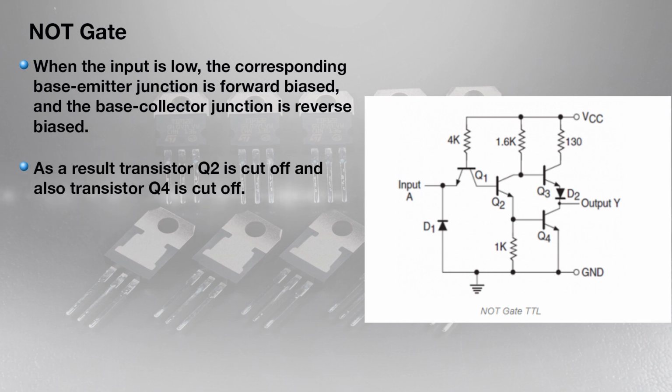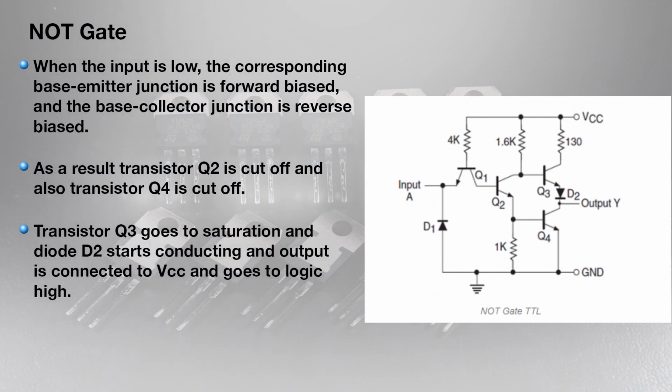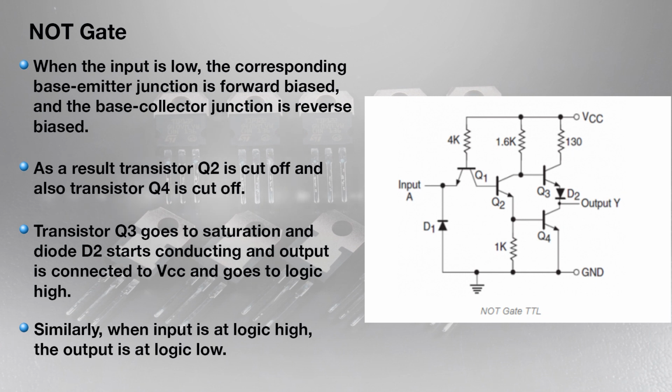As transistor Q2 is cut off and also transistor Q4 is cut off, transistor Q3 goes to saturation and diode D2 starts conducting, and the output is connected to VCC and goes to logic high. Similarly, when the input is a logic high, the output is at logic low.